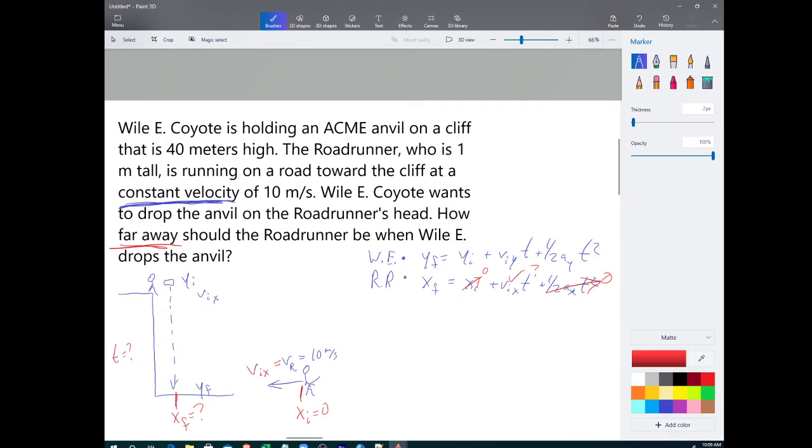Now, to look back at Wile E.'s situation, the cliff is 40 meters high. So let's say that he's starting at 40 meters. And when he falls, he doesn't actually have to hit the ground. He's trying to hit the Roadrunner's head. And the Roadrunner's a meter tall, so this is actually going to be 1 meter here.